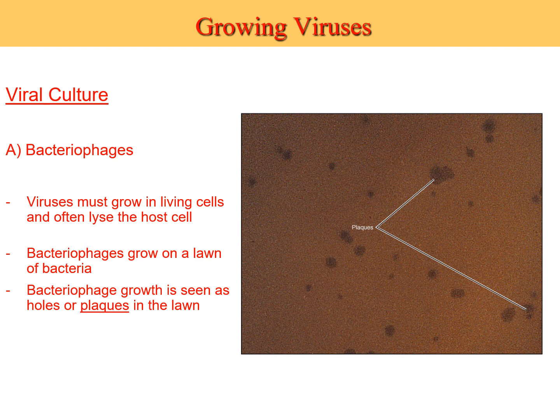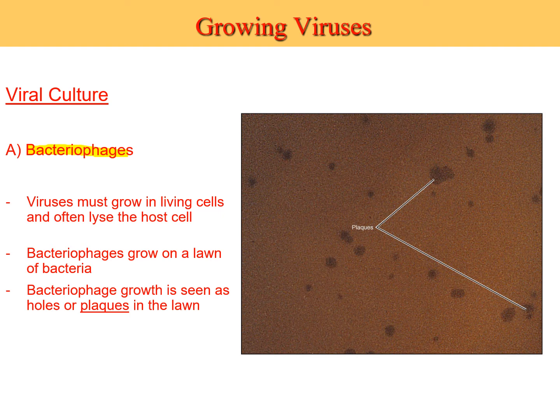Okay, viruses can be grown in the lab if they are bacteriophages, viruses that infect bacteria. Then what you do is you plate a lawn of bacteria. A bacterial lawn refers to a petri dish that has been inoculated over its entire surface.